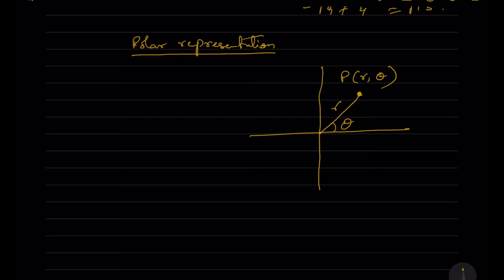So this is the connection between this polar representation of r and theta. So whatever is the angle which is formed with the x axis is called as theta, and the distance from the origin to this point is called as r, and this is called as the polar representation of the given complex number.